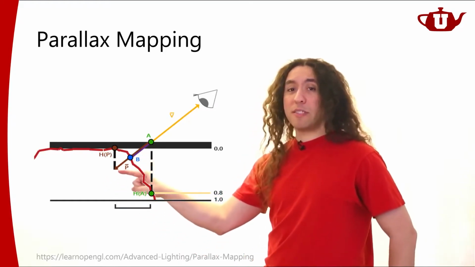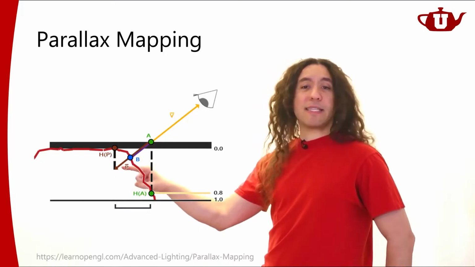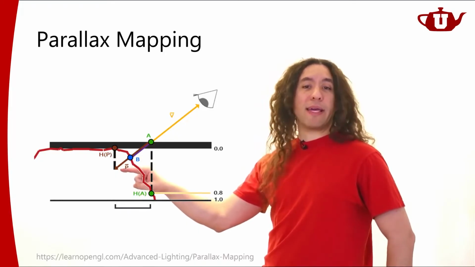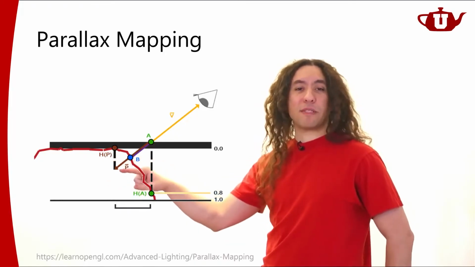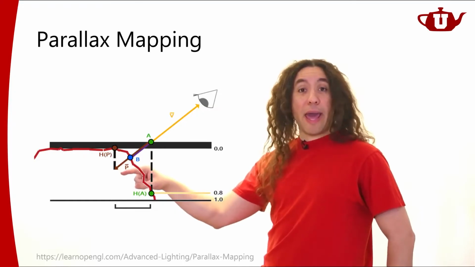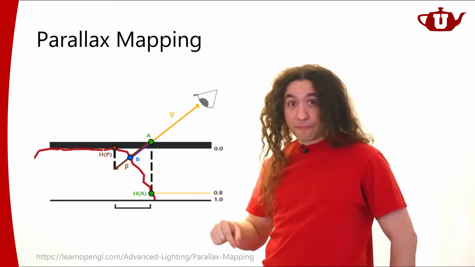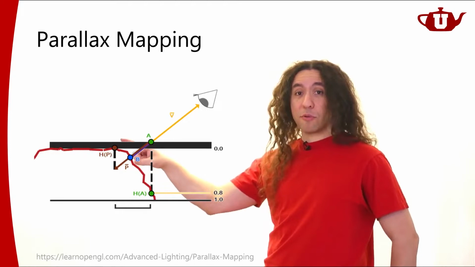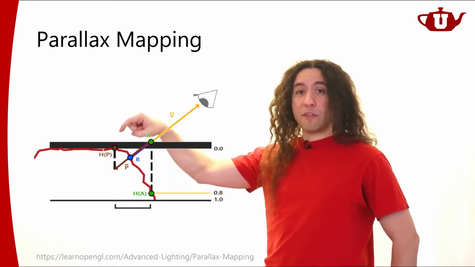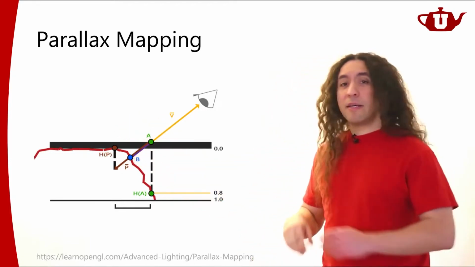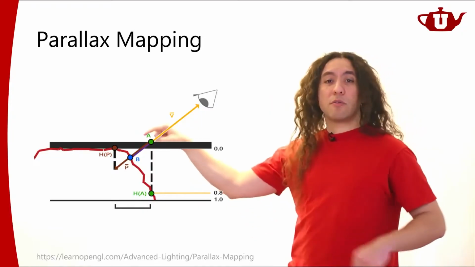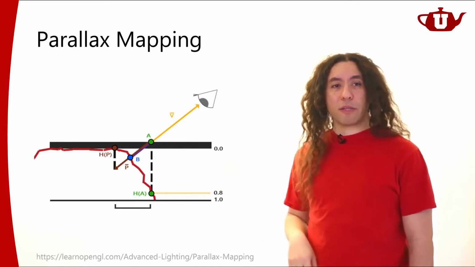I find this point, and I assume that this is where I hit the displaced surface. And over here I have a different UV coordinate, that corresponds to this point on the surface, and I can render this object using that different UV coordinate.